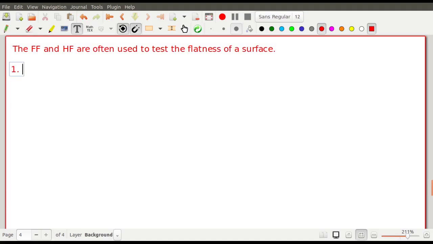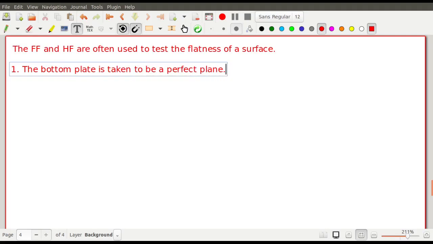So point number 1: the bottom plate is taken to be a perfect plane. The bottom plane must be taken as a perfect plane. Second, the test plate is the top one.